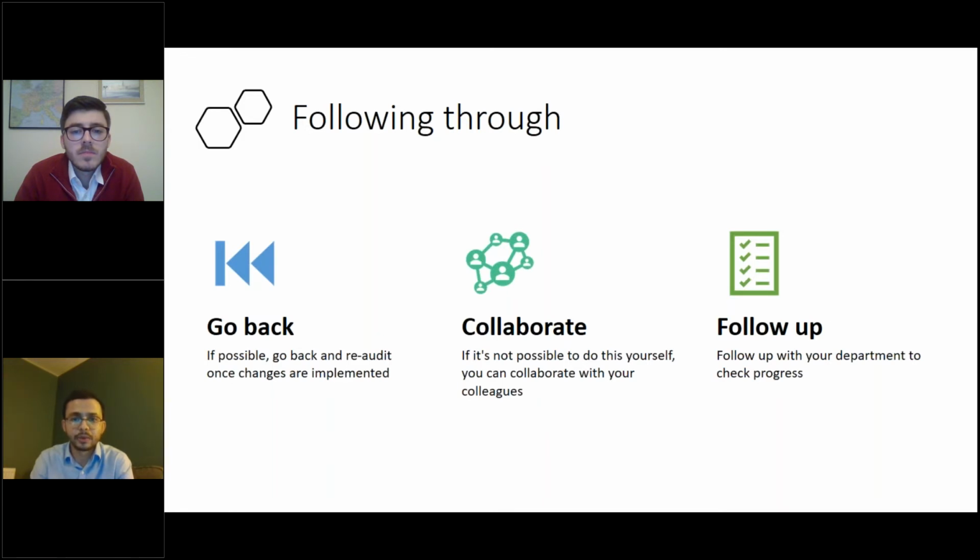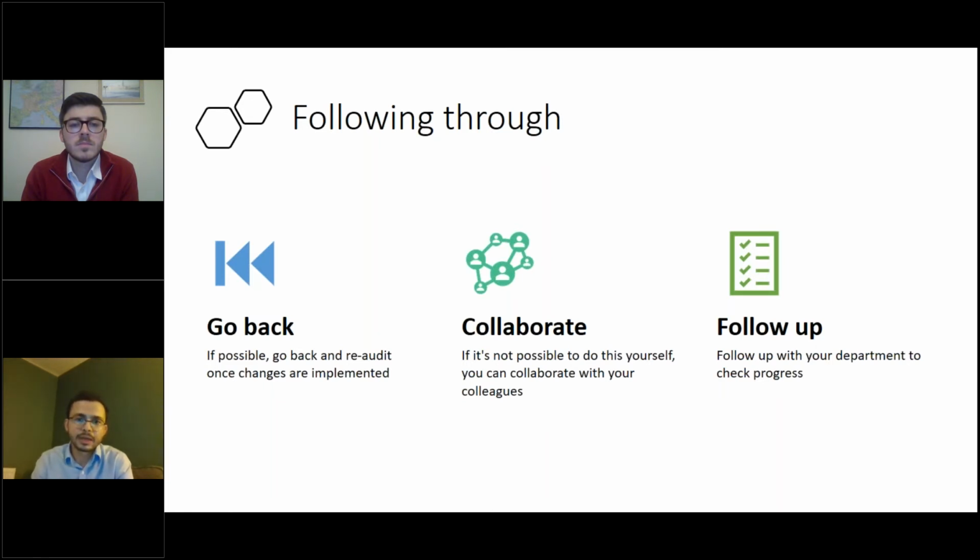That's when the re-audit comes in, and it's a really important step of the process. It's important that you always try and close the audit loop, because, as Patrick mentioned earlier, it's all well and good to see what current practice is like, but the main aim of this is to try and improve healthcare delivery.